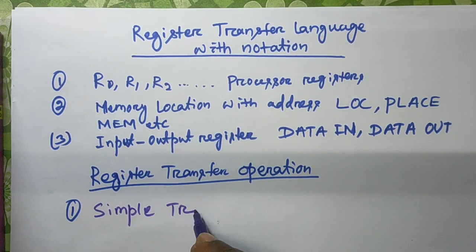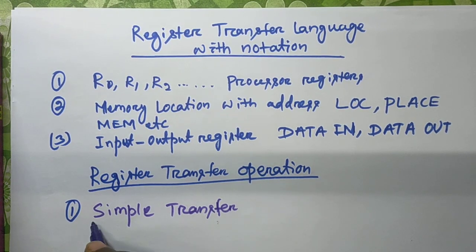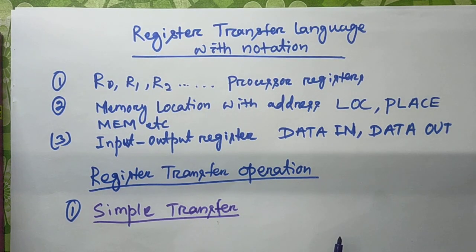Simple transfer means what? A very simple way: if the content of one register is transferred to another register without any condition, then we call it a simple transfer.